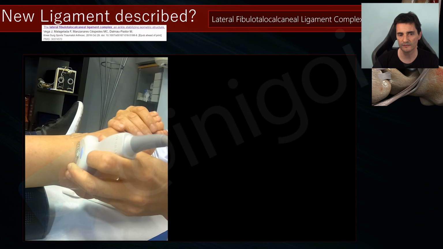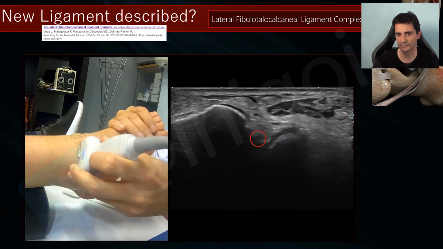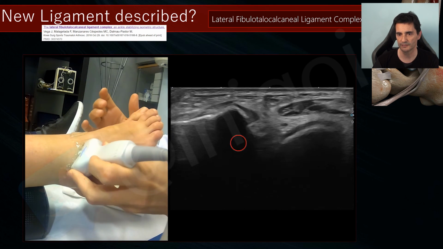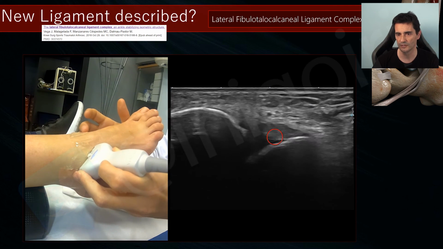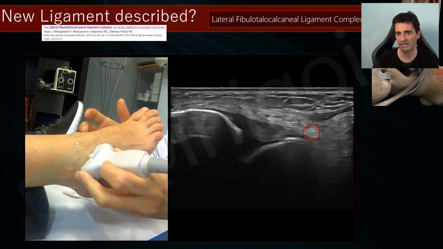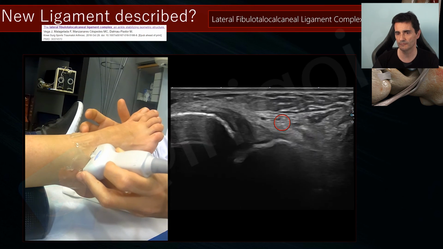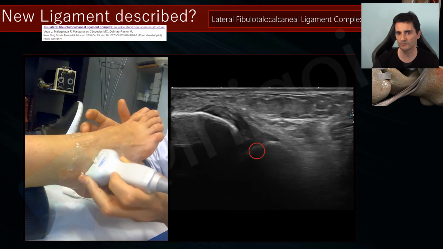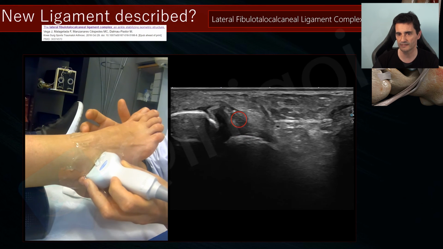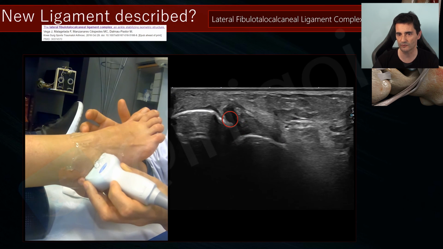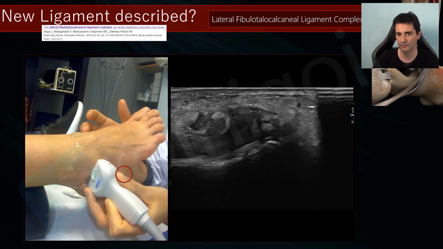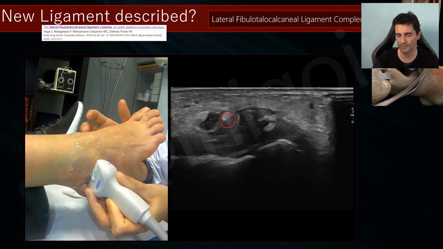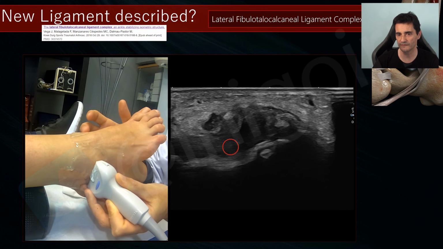Let's take a look at this example here. And we are checking here the anterior. Okay, this is the fibula, the talus, and here's the anterior talofibular ligament, the superior component. There's a mild injury here, a mild strain, and as we go down we see this edema, this affection of the inferior component, which continues. I turn the probe, and here this is the peroneal tendon, and this is the calcaneofibular ligament.